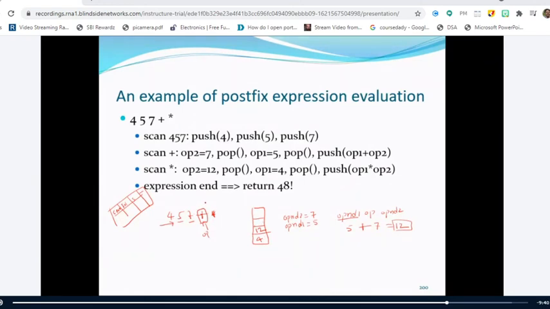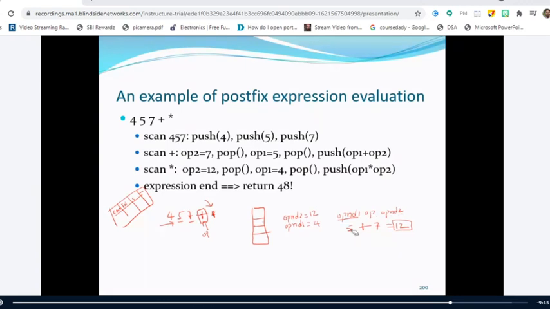What element have you read here? It is star. So when you come across star, you have to perform two pop operations. The first popped element, that is 12, is placed in operand 2, and the second popped element, that is 4, is placed in operand 1. Now perform operand 1 star operand 2.